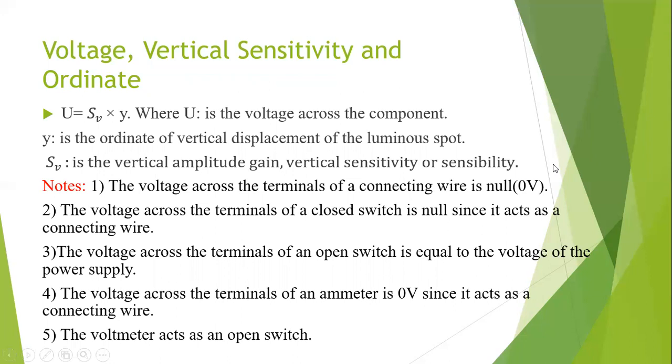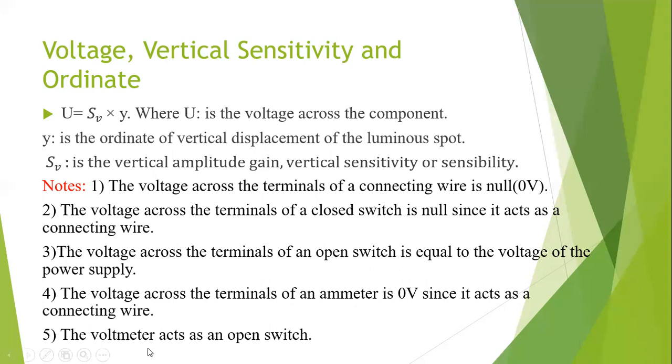We have some notes here that we must pay attention to. The voltage across the terminals of a connecting wire is null, 0 volt. The voltage across the terminals of a closed switch is null, since it acts as a connecting wire. The voltage across the terminals of an open switch is equal to the voltage of the power supply, since there is no electric current passing through the other connecting wires.